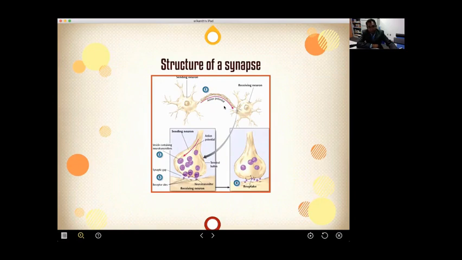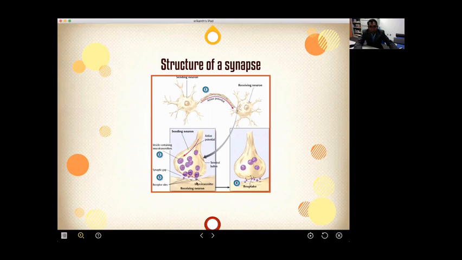So when you look at the structure of synapse, this is neuron 1, this is neuron 2, and this is the connection between these two neurons. If you zoom in, you can see that this would be the terminal button of the first neuron, and this would be the dendritic structure of the second neuron.